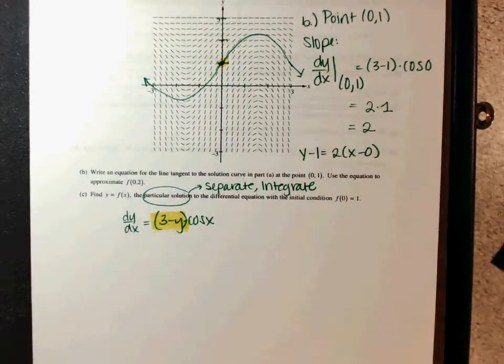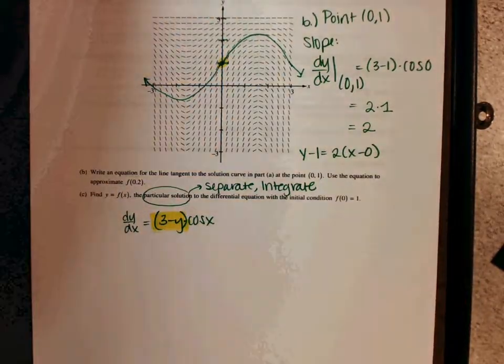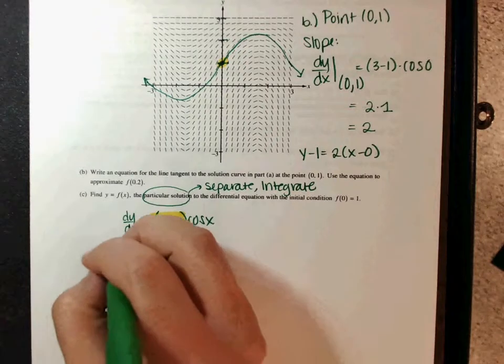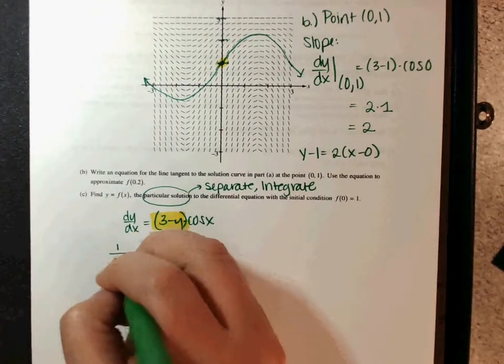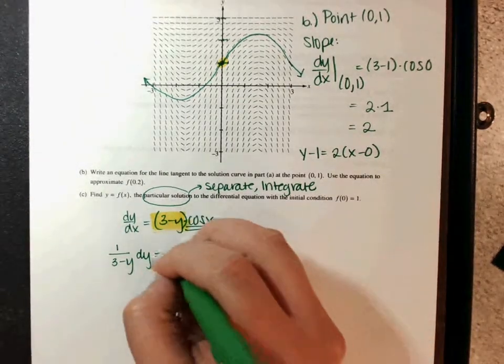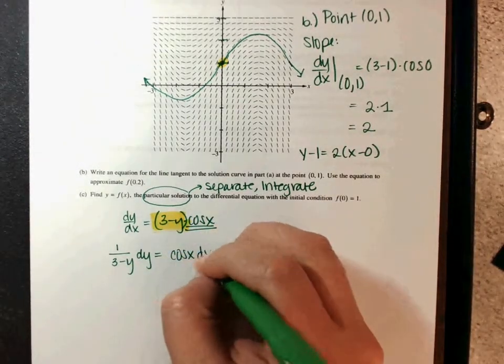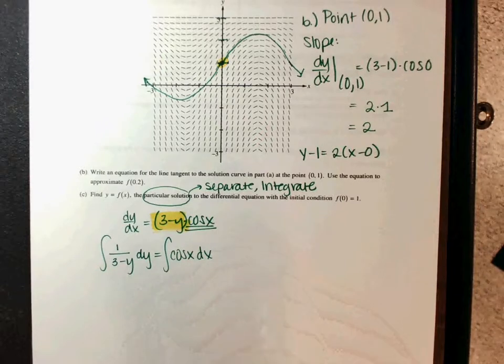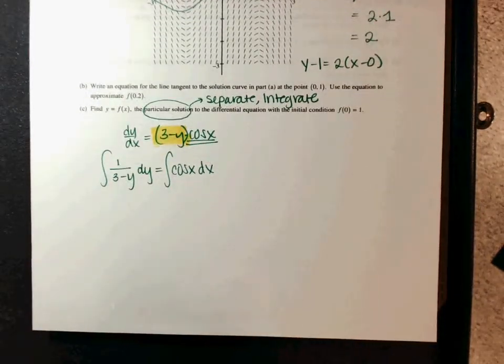Now keep in mind that if it was on top when I divide it over, now it's going to be on bottom. So it'll be 1 over 3 minus y dy. And then on the other side, I'll keep my cosine x dx. Integral, integral. Now remember, at this point, I've already gotten a point on the AP test for separating.